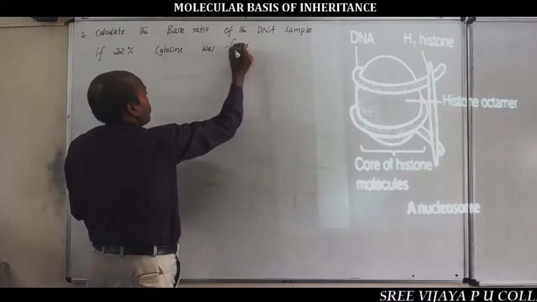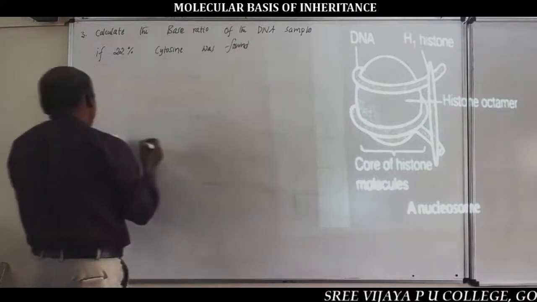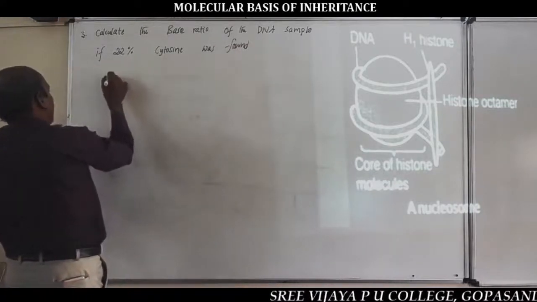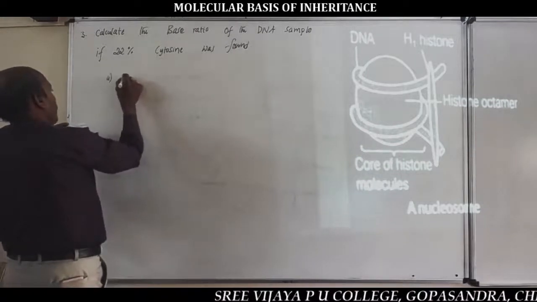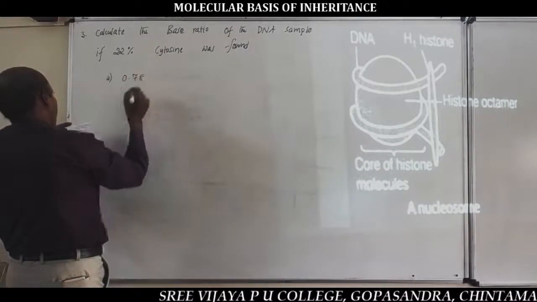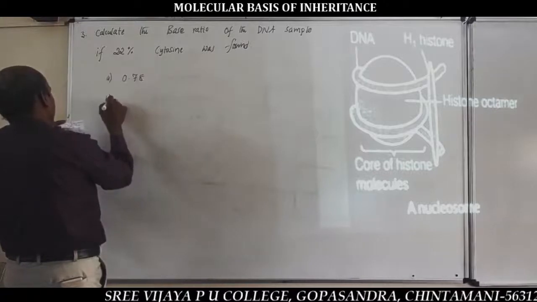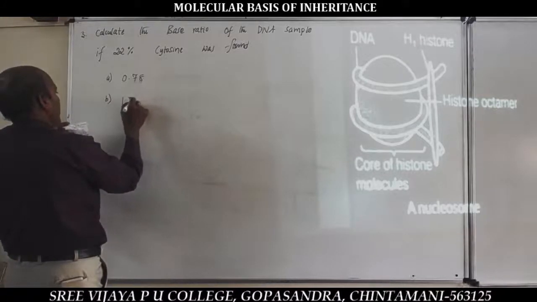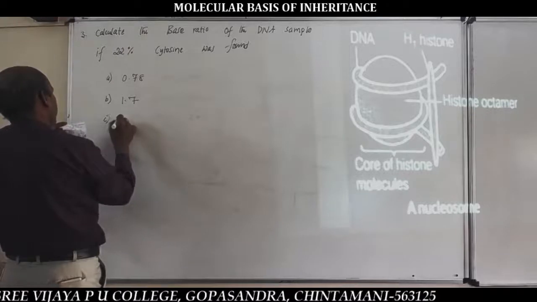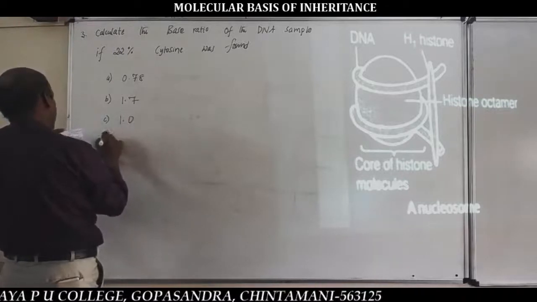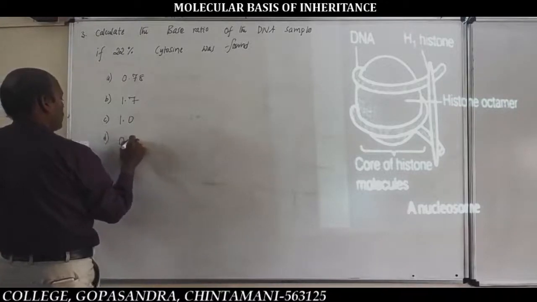Here the options are 0.278, 1.7, 1, and 0.293.